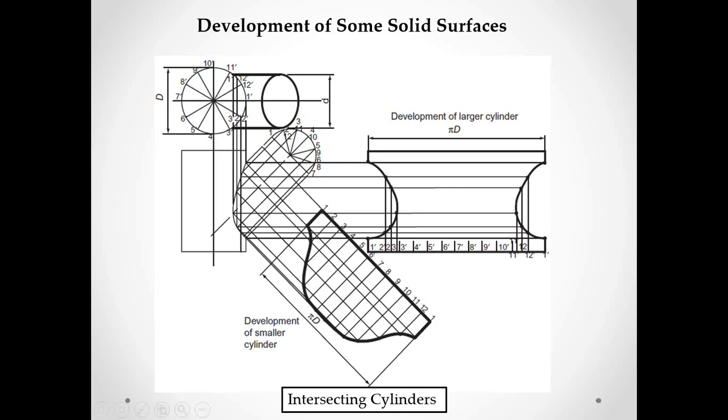We are going to be drawing a cylinder that is interpenetrated by another cylinder at an angle. So you see, when you unfold, we have to unfold two different cylinders here, because this is one cylinder, this is another cylinder. So there are two different developments that we're going to do here.